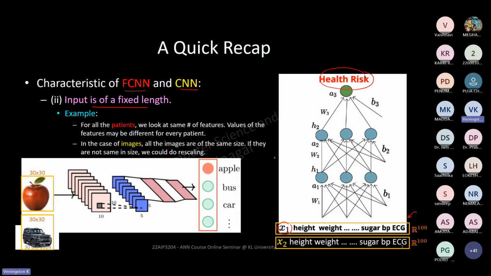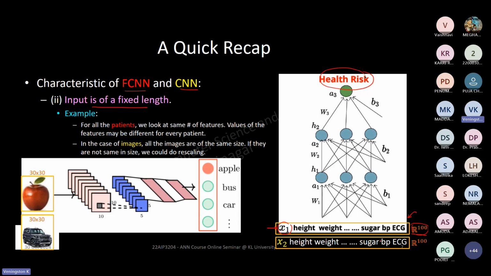Then all the instances in your data set should contain 100 features. Let's say the size of every input instance is R to the power 100, which means it's going to be represented as a vector containing 100 real values.